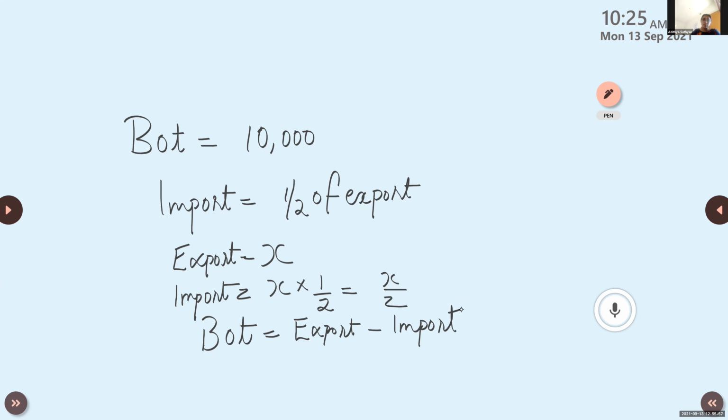Export minus import. Now you have the value for export and import also. Apply that and find out the answer. They have asked only the value of exports. Just write the answer in the chat box. Those who got the answer, you can write that in the chat box.